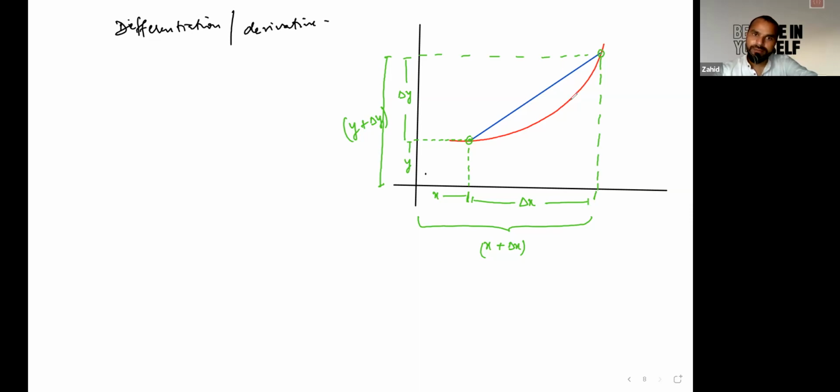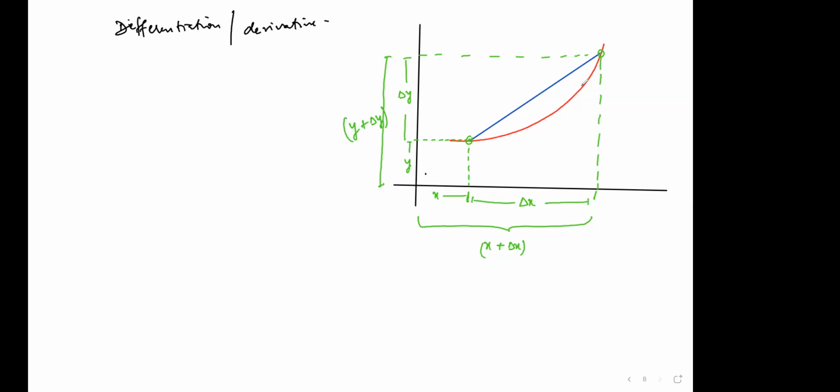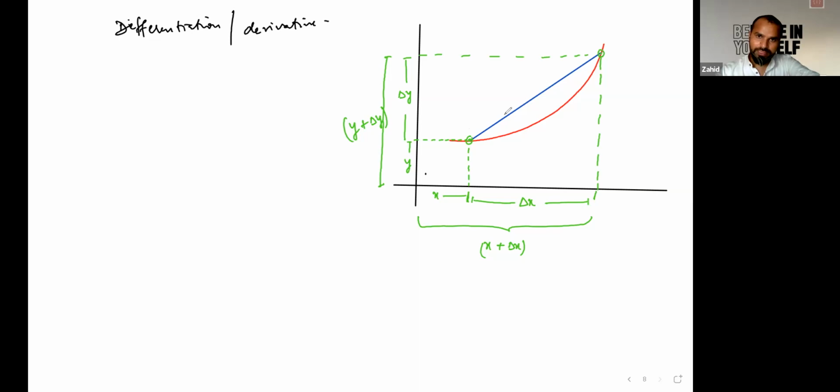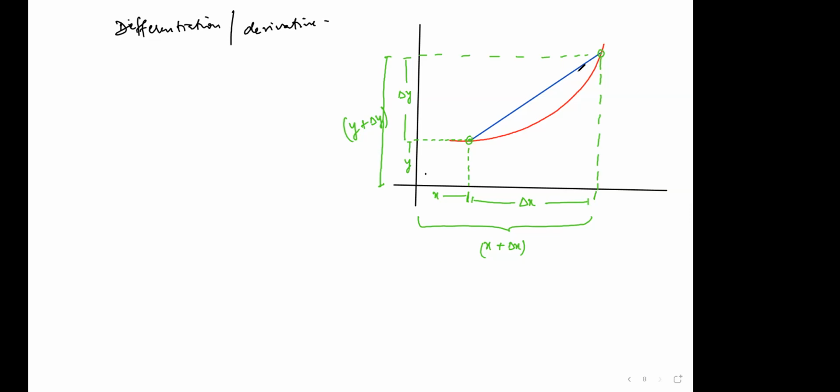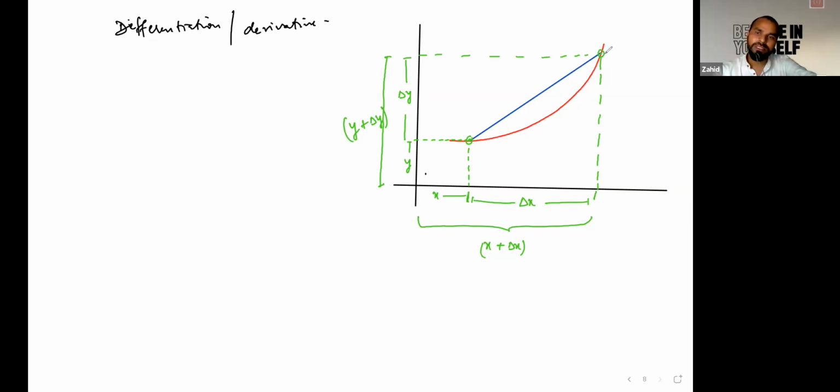Is it clear? Yes, sir. As we have seen, a line touching the curve at two points is called a chord. As the point comes closer, the chord tends to behave as a tangent, which defines the slope of the curve at any given instant.